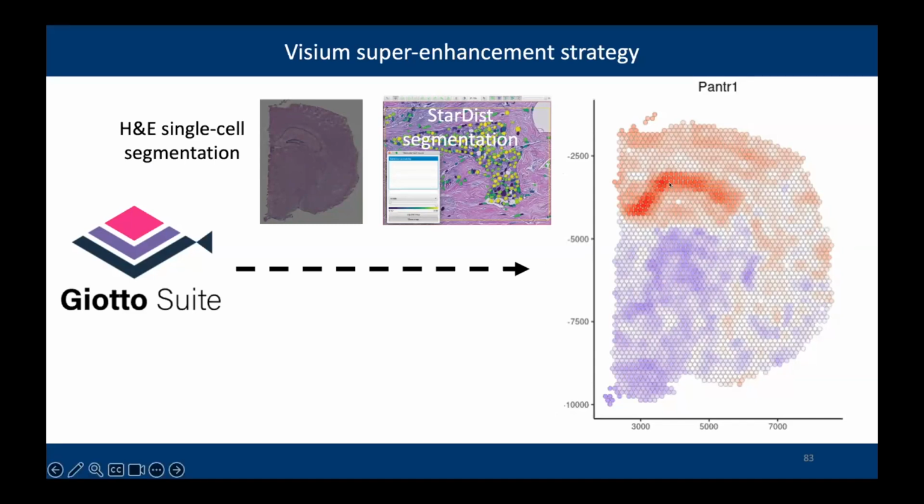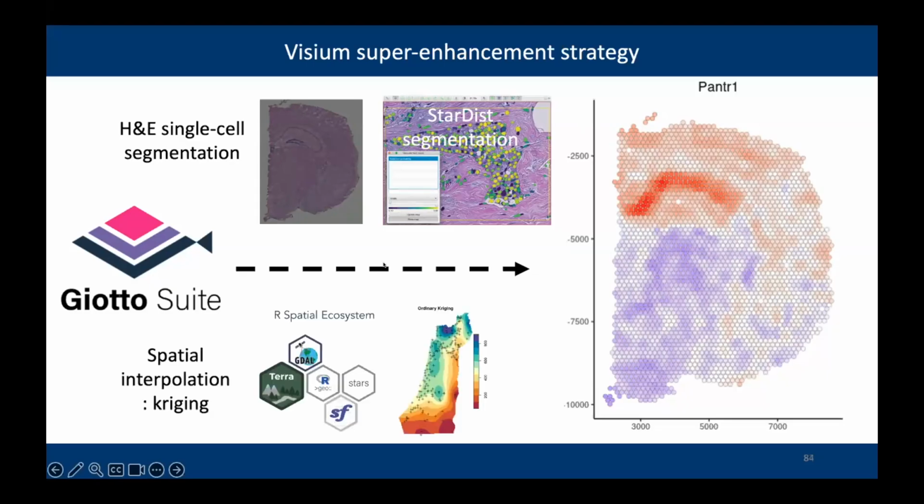One spatial unit of your Visium would simply be the individual spots from your Visium array. Another one could be the identified nucleus, and you can expand it a little bit so you have an individual cell. The other thing is the R spatial ecosystem that I just talked to you about, where you can do spatial interpolation. In a very simple way, kriging is one of them, where you try to identify missing information between sources of information that you have. And that's exactly what you have with Visium, right?